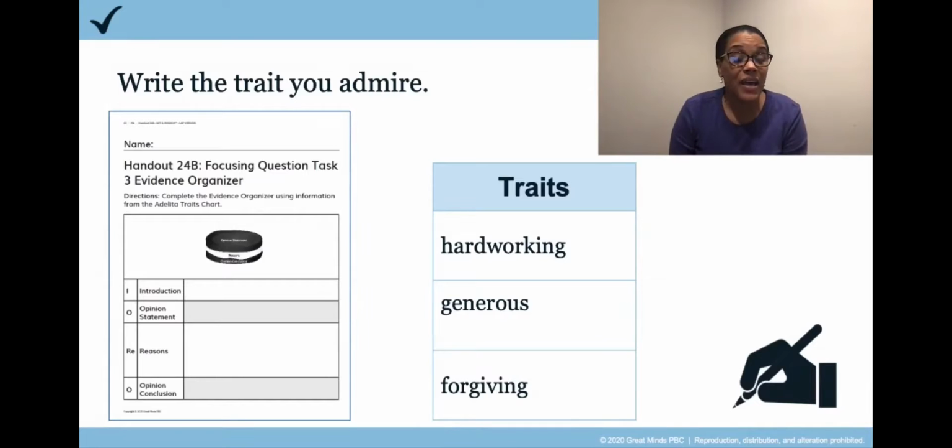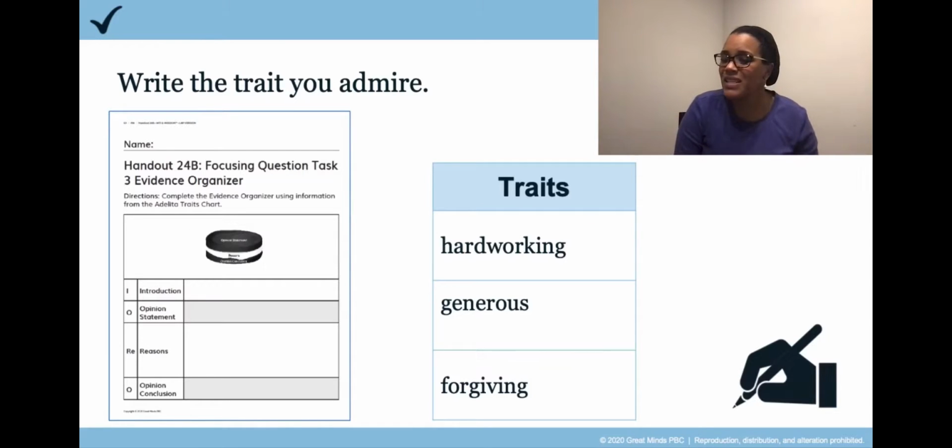Okay, you're going to add notes about the trait that you most admire about Adelita to an evidence organizer for Focusing Question Task 3. What I'd like you to do is take out handout 24B, the Focusing Question Task 3 evidence organizer. It looks like what you see on the screen. Do you have it? Now remember, you've used a similar planner before.